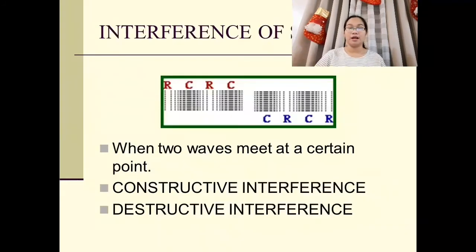Next property of sound, which I'm going to discuss, is interference. Now, you can see here in the animation that you have C and R, where R would be for the rarefaction, then C for the compression. When you have two waves, as they meet, they interfere. They can combine. So the combination depends on what is actually being combined.